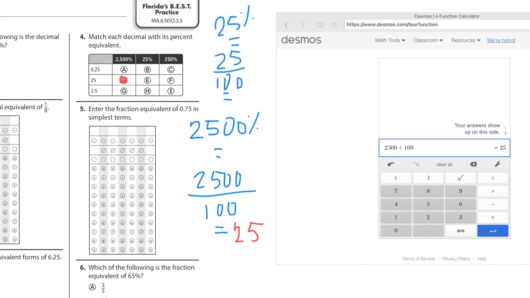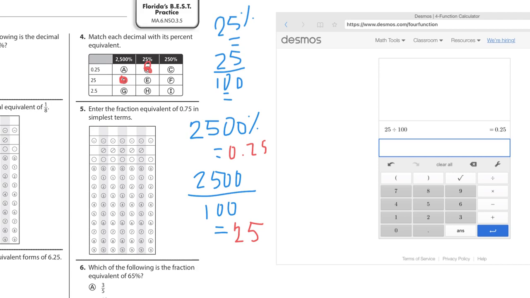Let's see. 25 divided by 100 gives us 0.25. So this is 0.25. And that would be B, 0.25.